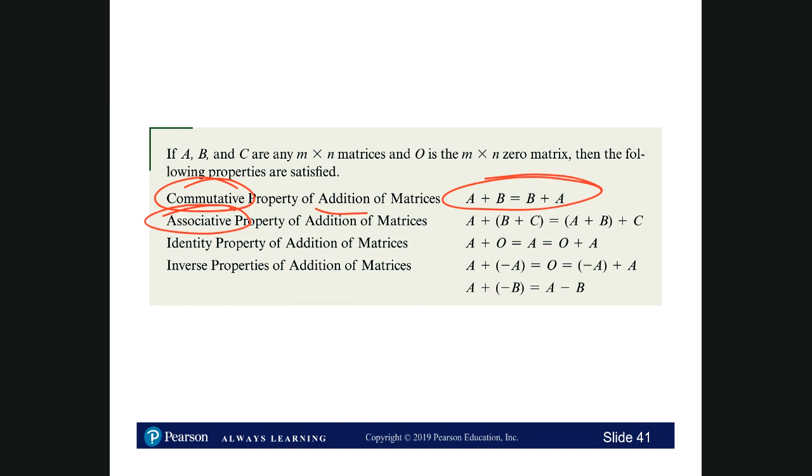In the event that you were adding 3 or more matrices, you could add 2 at a time and then the third one, such as B plus C and then add A, or you could start by adding A plus B and then add C. Then we also have the identity property of addition. So that is when we use the zero matrix with zeros everywhere, and that will result in the same matrix. And of course, it is also commutative.